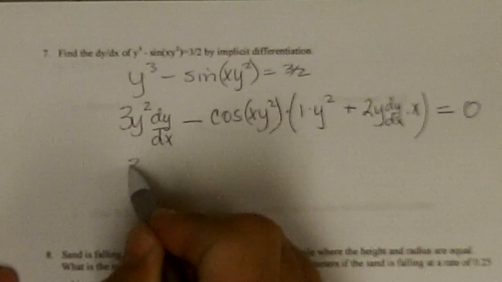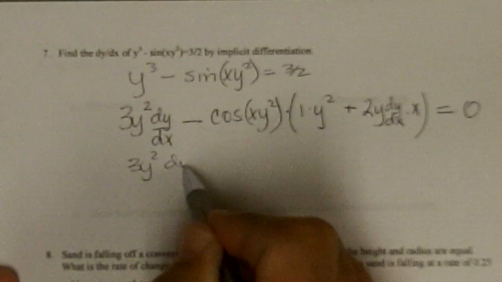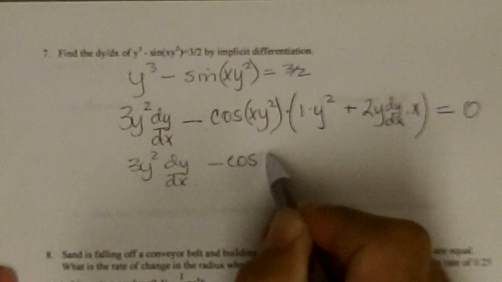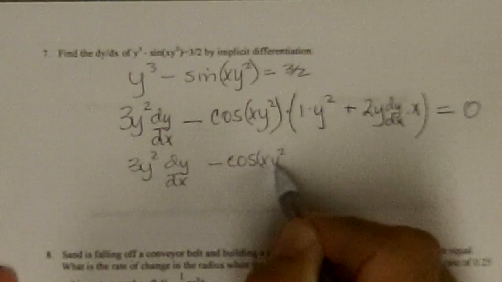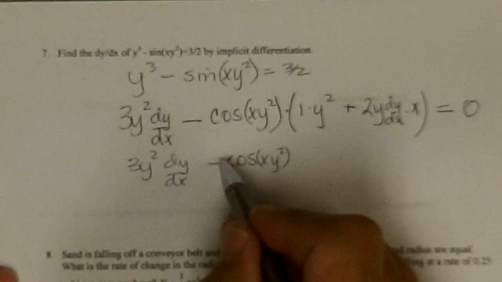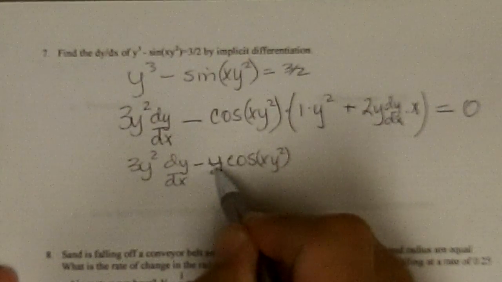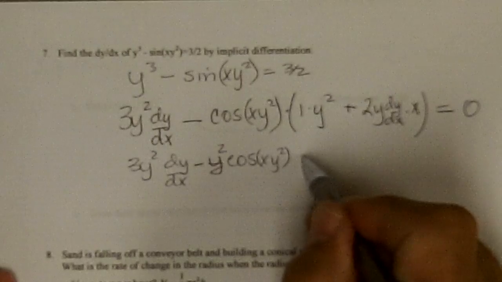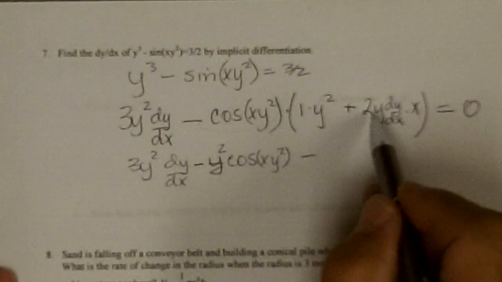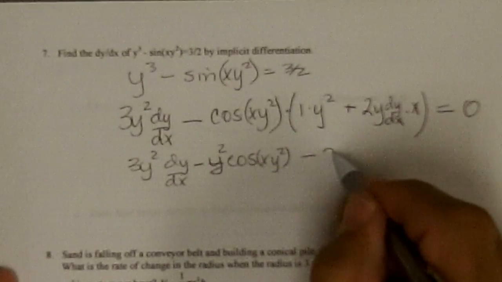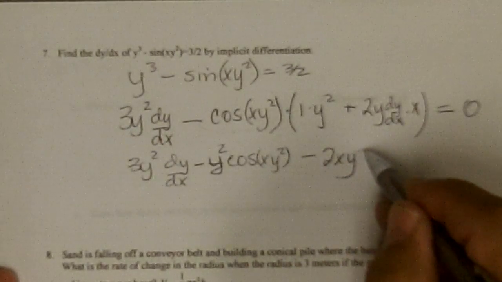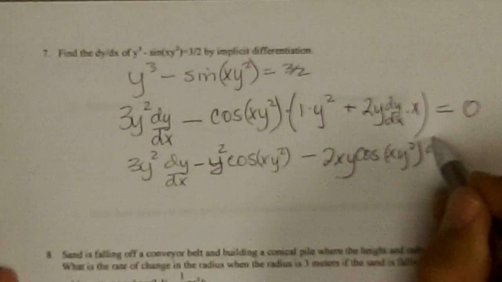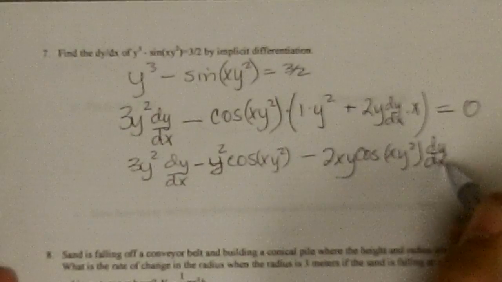So I'm going to have 3y squared dy dx minus cosine xy squared times a y squared, and we're going to have it also times a minus, and we're going to have 2y xy cosine of xy squared dy over dx.